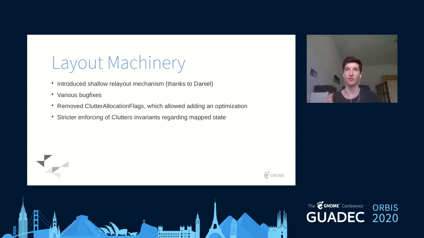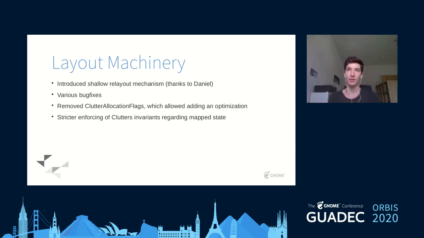and that's quite expensive. And what we found was that there is a way to improve this, because there is the no layout flag, and the no layout flag is a flag which tells Clutter that your actor does not need to be allocated by the layout machinery.